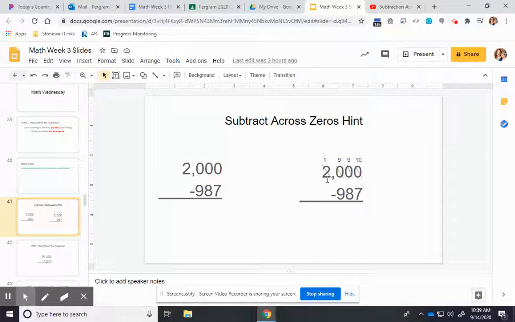If we know we're going to have to borrow from those two middle zeros, then we are going to leave those as nines at the top after we borrow, instead of saying that we're 10 and marking it out and writing a 9, and then going to a 10 and marking it out and writing a 9. We're just really going to shorten that experience. So this is an example of what we're talking about here.